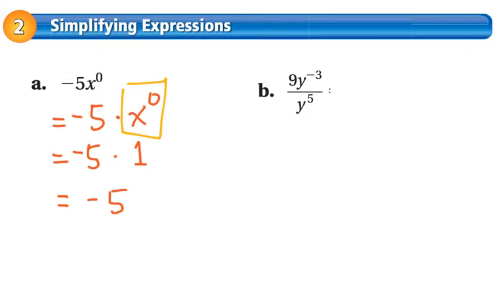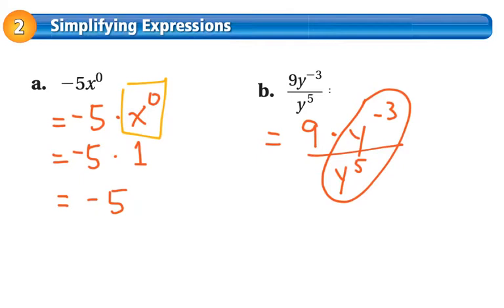Next, I'm going to start off the same way and expand things just a little bit, and I'm going to say 9 times y to the negative 3rd power over y to the 5th power. And again, the reason that I wanted to expand those out is because now I can see that these two factors, the y terms, are going to interact directly.